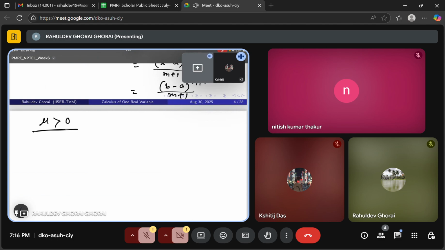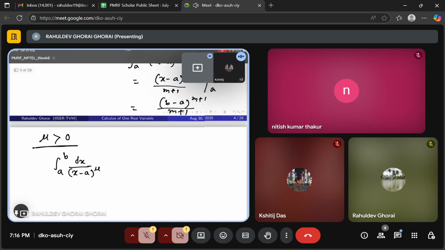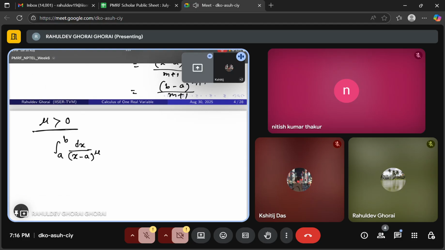So how will we see that? We'll do the same trick. We have the integral from a to b of dx over x minus a to the power mu, and mu is greater than 0.